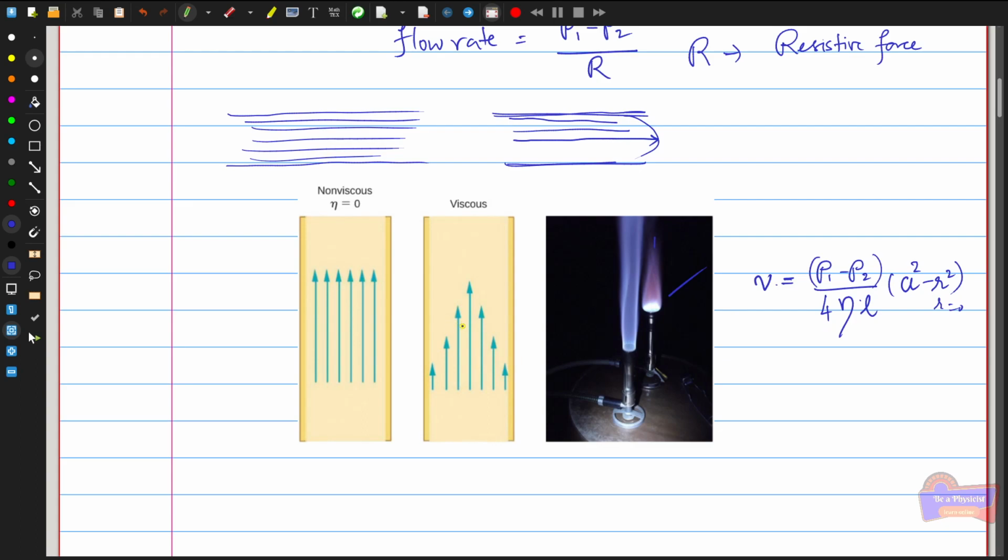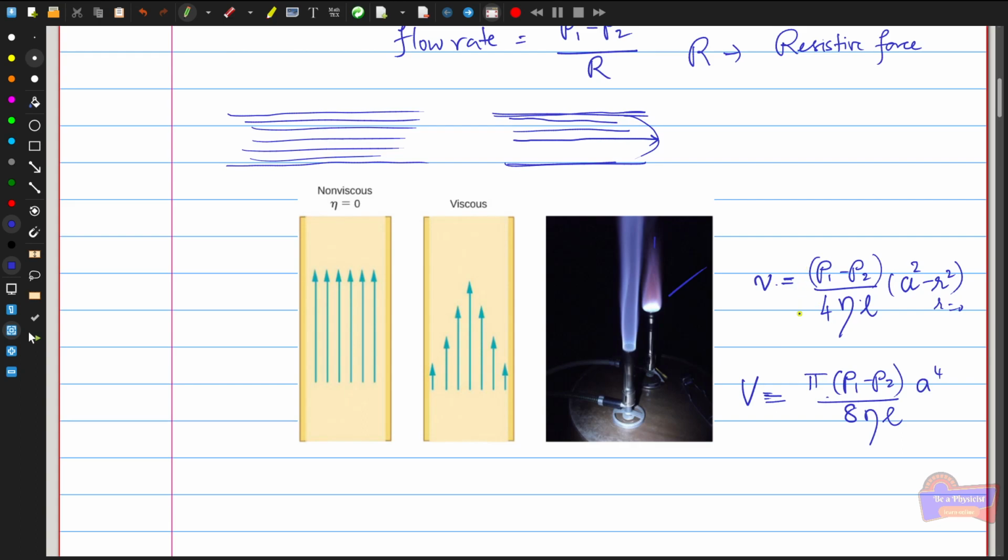The volume of fluid flowing through the capillary tube per second is given by V equals pi times (P1 minus P2) times a to the power 4, divided by 8 times eta times L. So the volume of liquid flowing per second is directly proportional to the radius to the fourth power as well as the pressure difference, but inversely proportional to the viscosity as well as the length of the capillary tube.